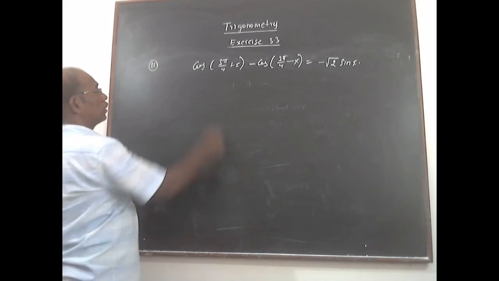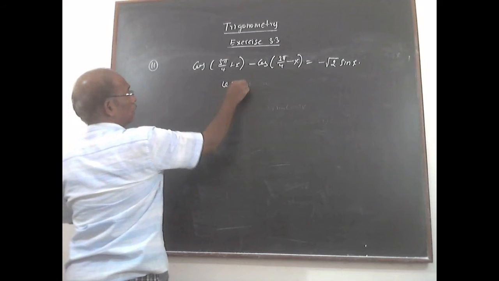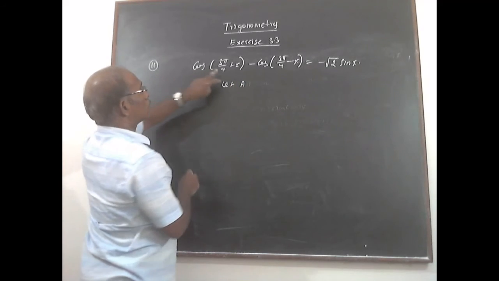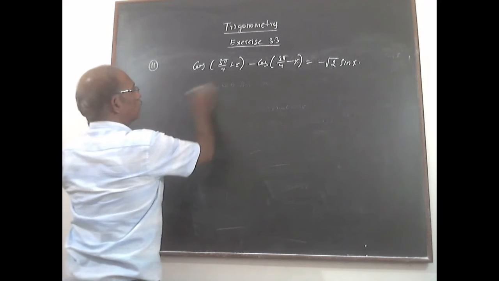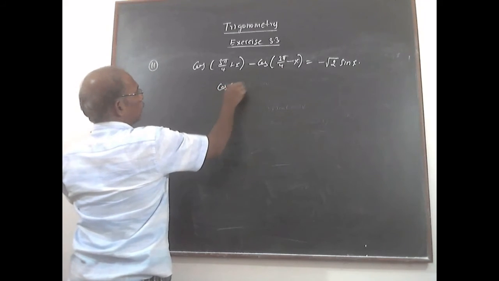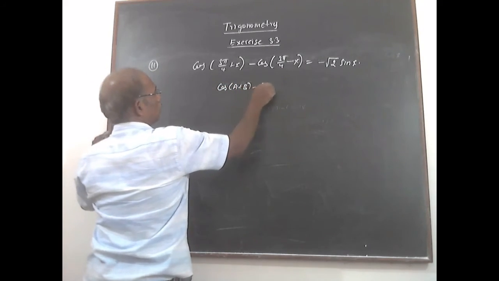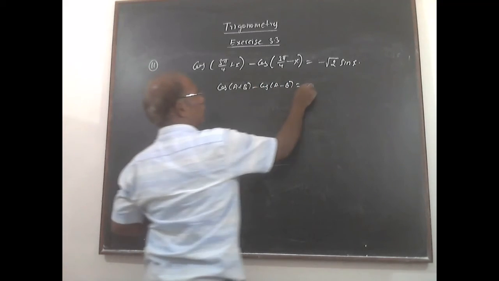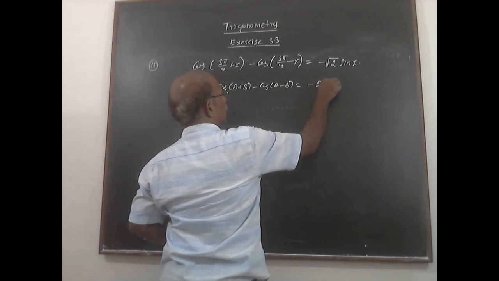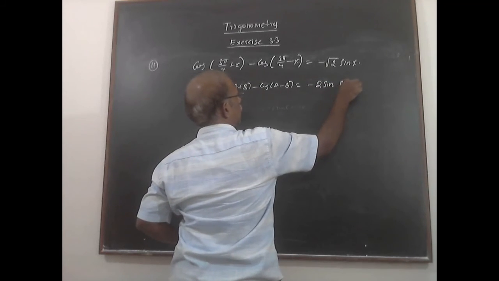Dear student, let us take this as a plus b, the other one a minus b. It is known that cos of a plus b minus cos of a minus b is equal to minus 2 times sin a into sin b.